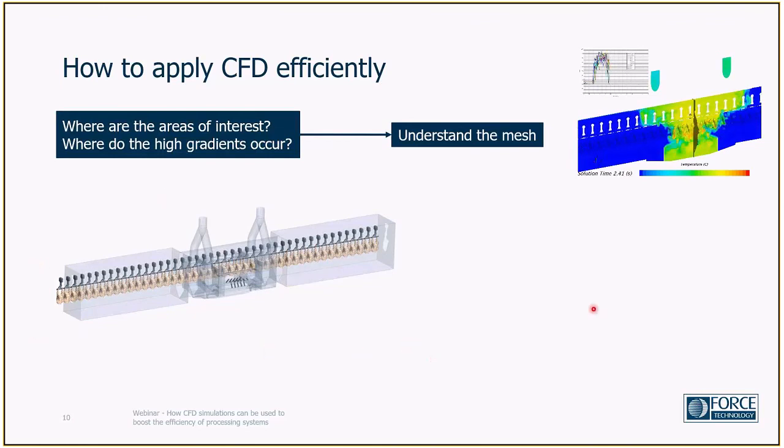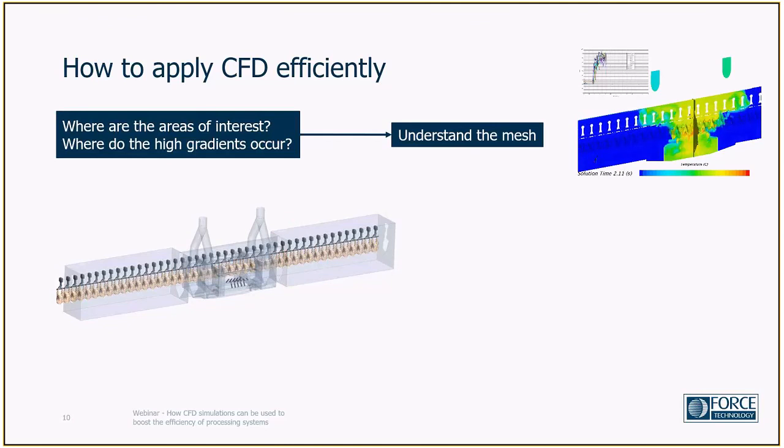As you can see in the video, on the sides here and here, the temperature is not changing that much. It's just a blue color all the time, and that corresponds to all this volume here and all this volume here.